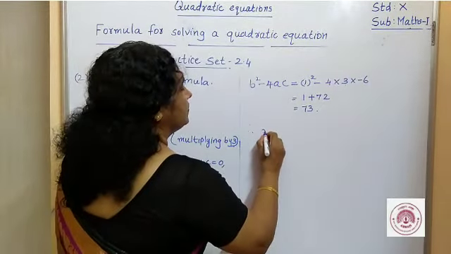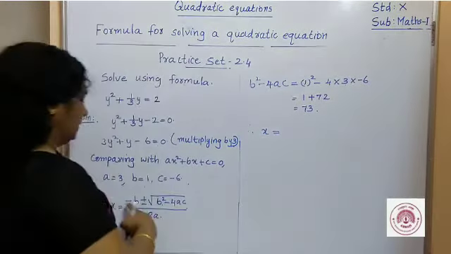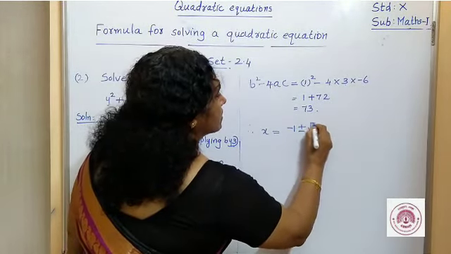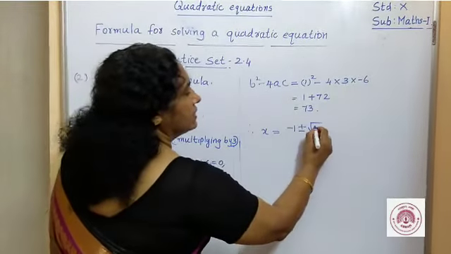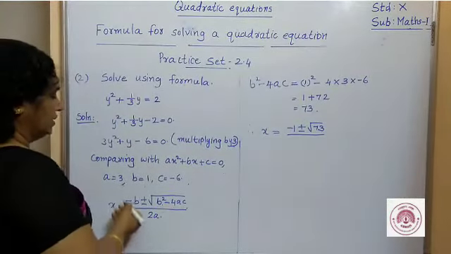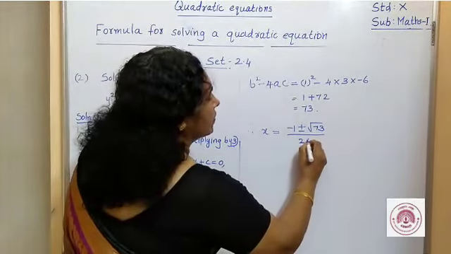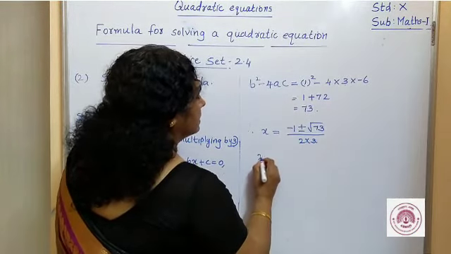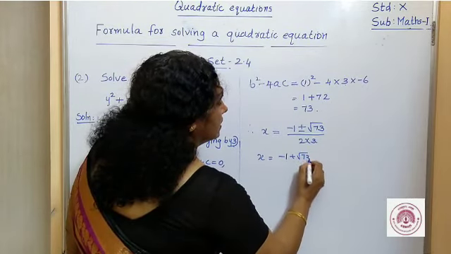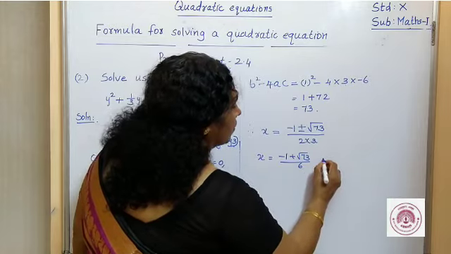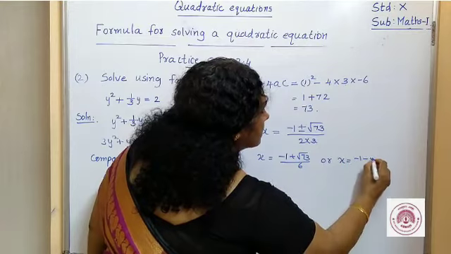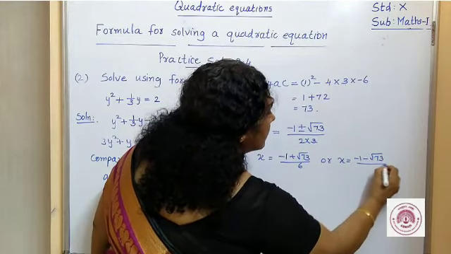Therefore, x is equal to minus b, that is minus 1, plus or minus root of b square minus 4ac, that is 73, divided by 2a, that is 2 into 3. That is, x is equal to minus 1 plus root 73 divided by 6, or x is equal to minus 1 minus root 73 divided by 6.